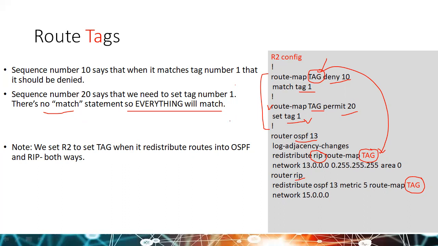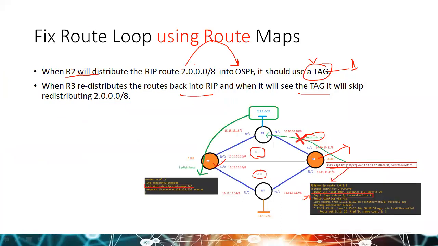So what I mentioned is that over here we will configure some tags. Whatever routes it learns from RIP to OSPF, everything will be tagged to tag 1.